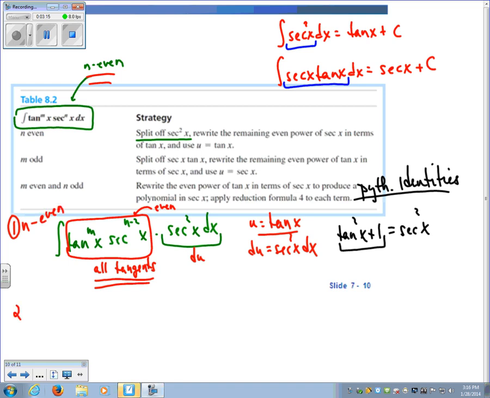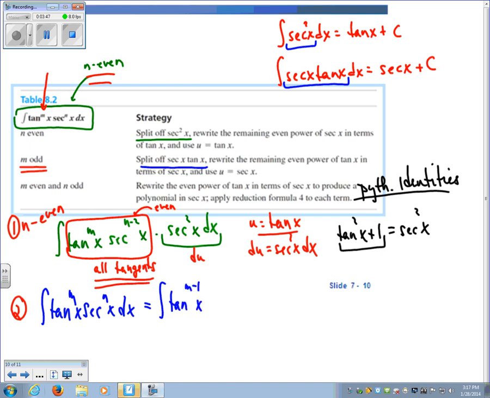Okay, case 2. Now I'm going to look at the m being odd. Now m is the power on the tangent. If the m is odd, I'm going to split off a secant times a tangent. So I'm taking one of the tangents away, so I'm going to have a tangent to the m minus 1.